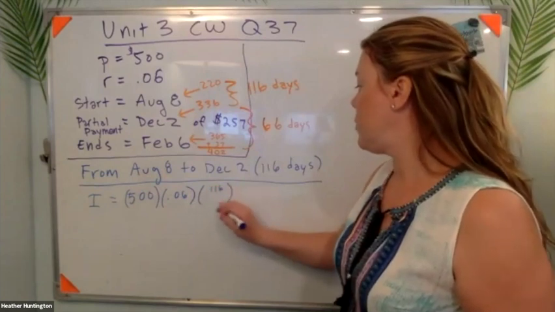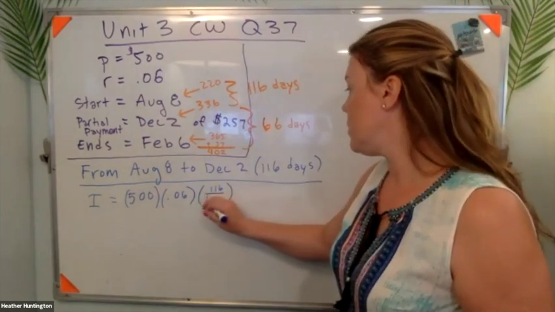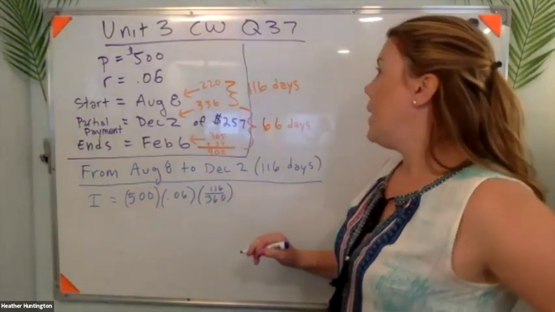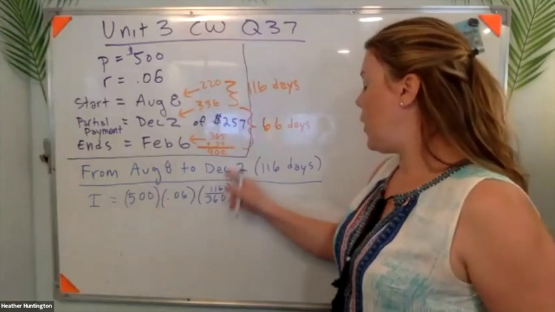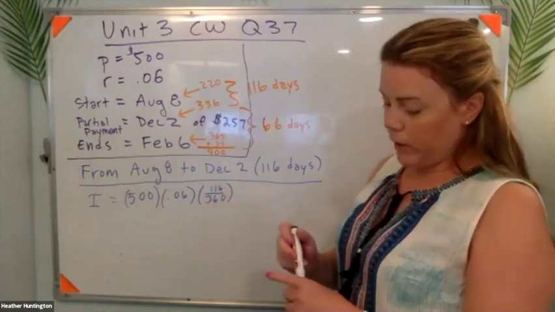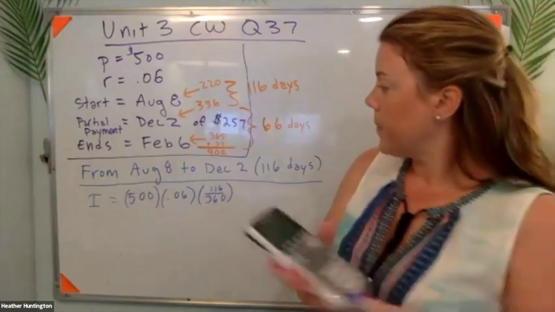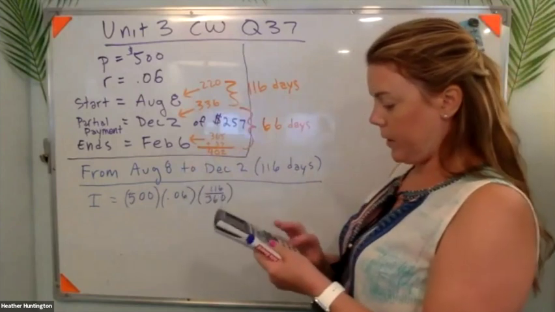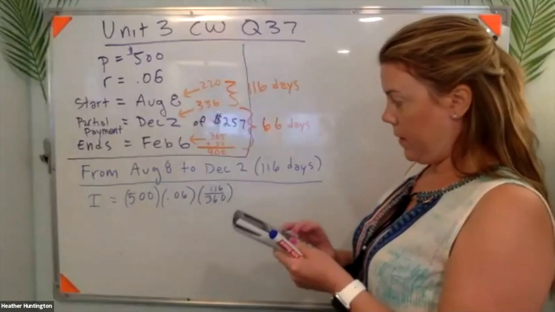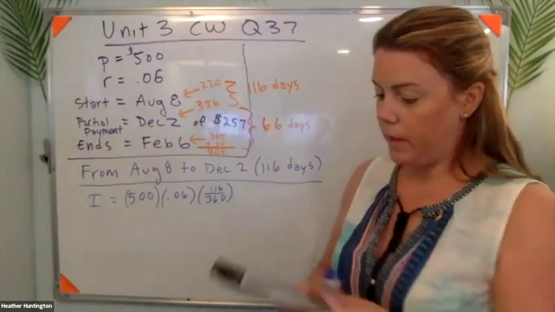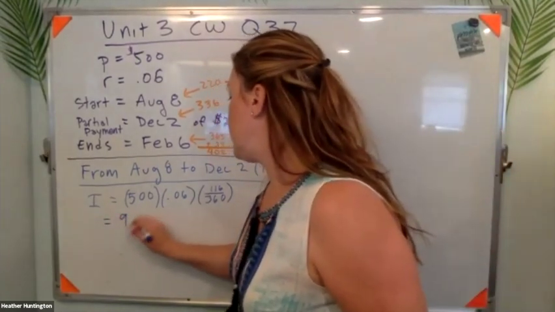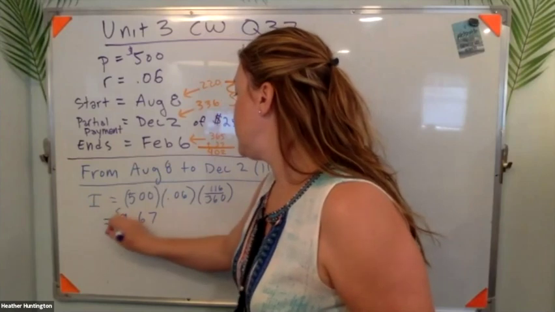And for the US rule, we're always going to use the banker's rule, which says that there's 30 days in a month and 360 days in a year. And that'll help us get the part of the year, right? So T is going to be 116 over 360. Okay, this I'm going to use my calculator for. It's not that easy. I'm getting $9.67.